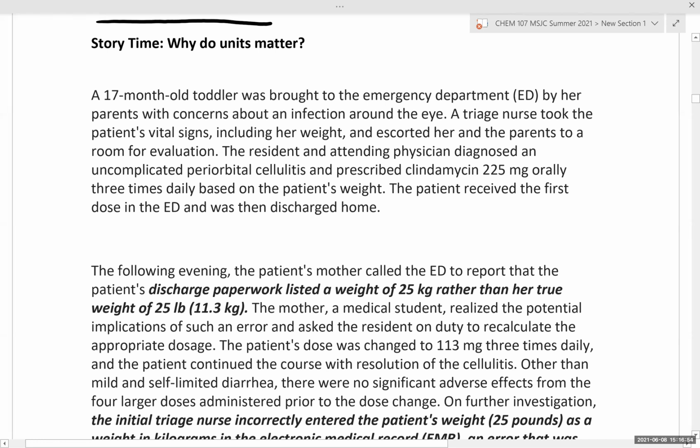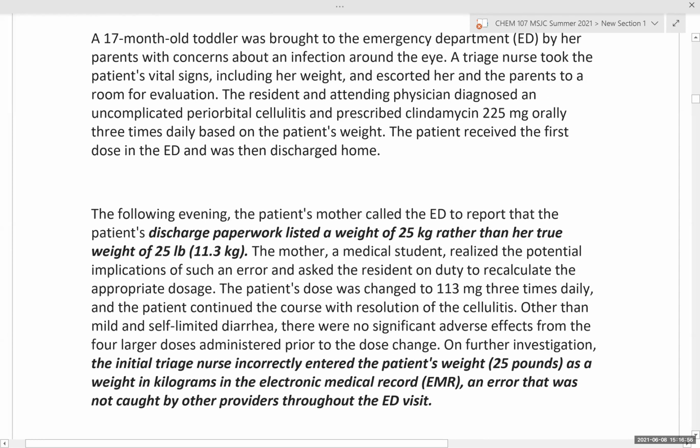In this case, it didn't have a particularly dangerous effect, but for many medications, properly calculating the dosage from the patient weight is critical. So units matter, and we deal with units a lot in our day-to-day practice. I just thought this was an interesting example of how units can pop up in day-to-day healthcare practice.